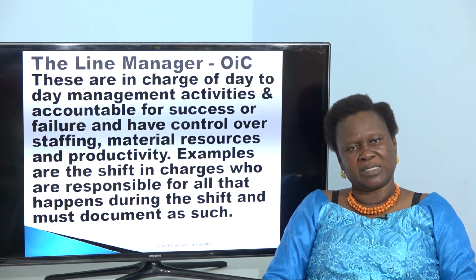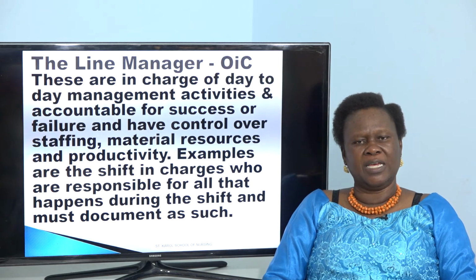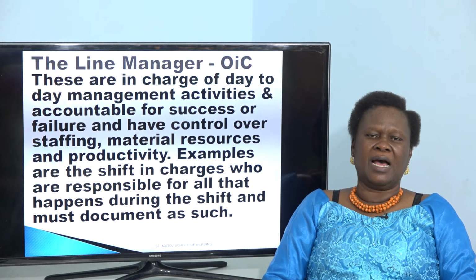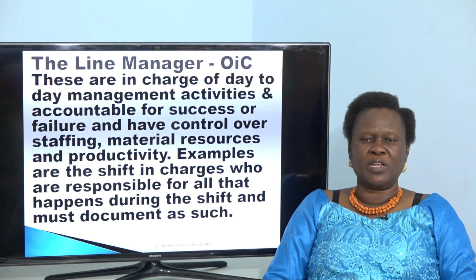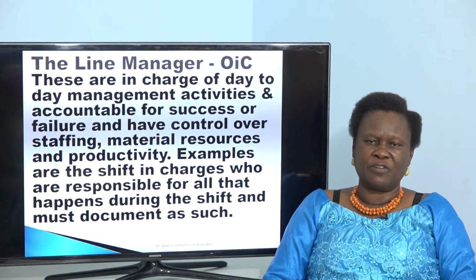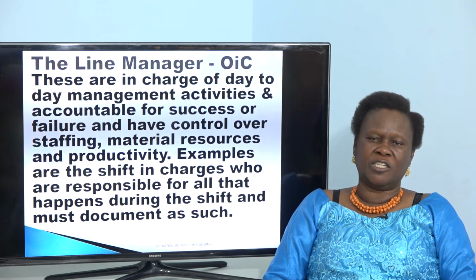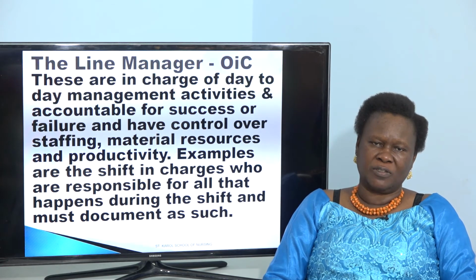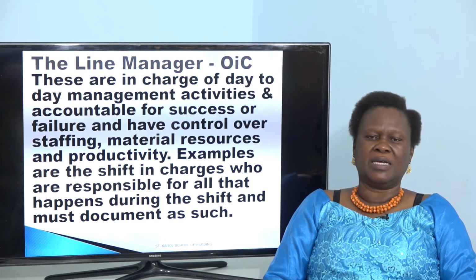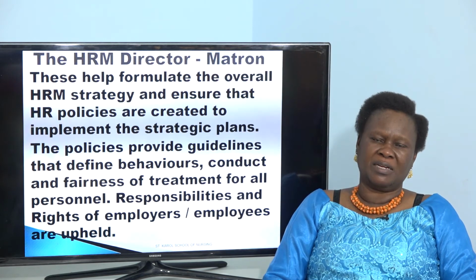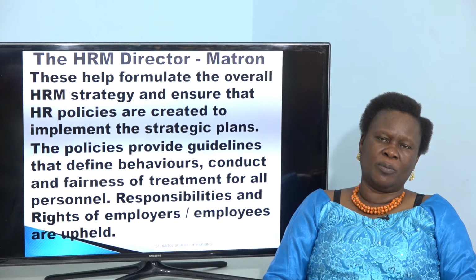We have line managers. These are in charge of day-to-day management activities, and they are accountable for the success or failure and have control over staffing, material resources, and productivity. Examples are the shift in charges who are responsible for all that happens during their shift and must document all things as such. We have the Human Resource Director, who would compare to a matron.